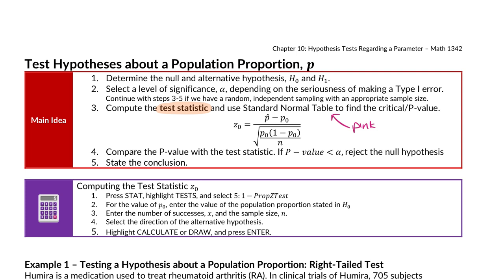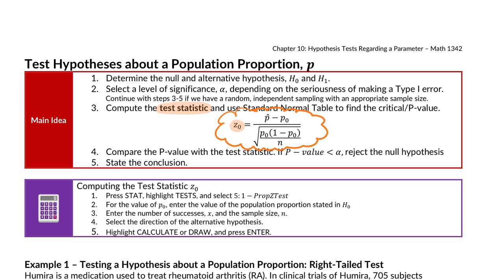But the test statistic that we're going to use is this Z naught right here. So I'd put a little cloud around this guy maybe. This is what we are computing specifically for population proportion to run a hypothesis test on population proportion.